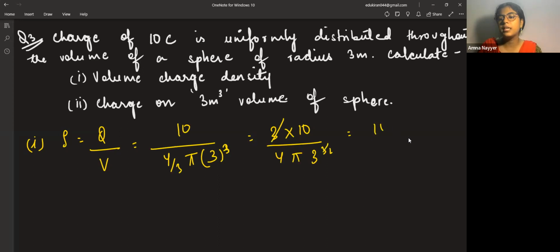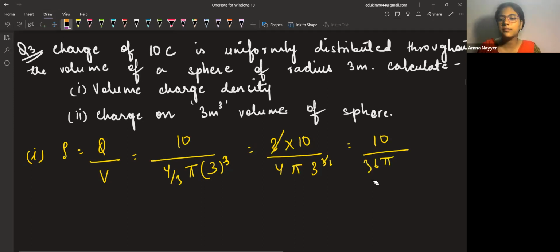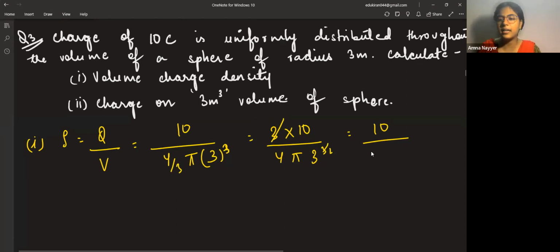So this will be 10 by pi, and here we are left with 9, here with 4, so 36. Or wait. Let's write it separately, because we have to cancel it.